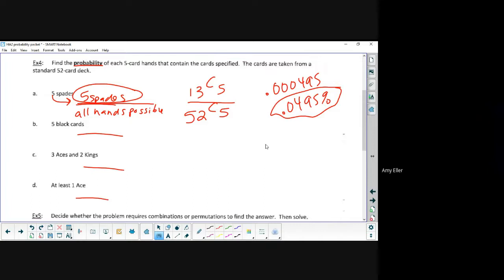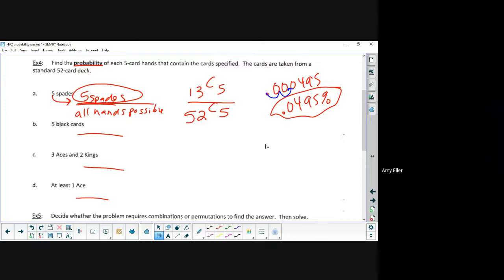Anybody's calculator that said E, that means times 10, and then it'll say E something. E -4 means it moved 4 spots to the left, yes, for negatives, thank you. Then to make a percent, I move it to the right.